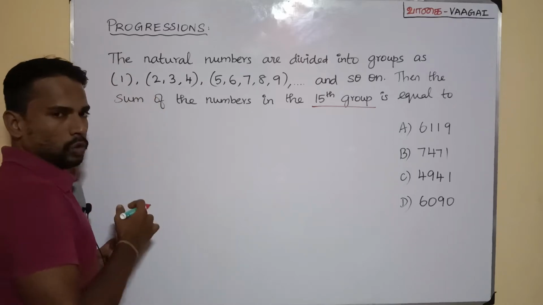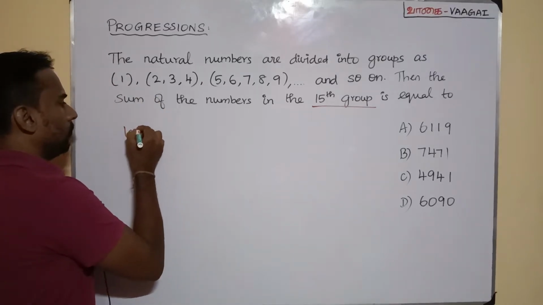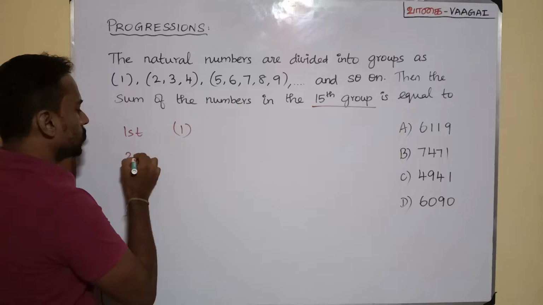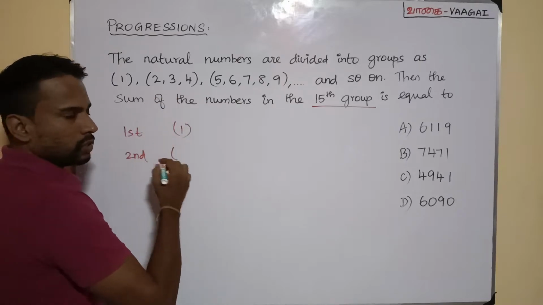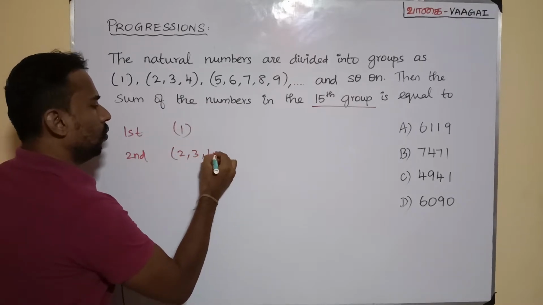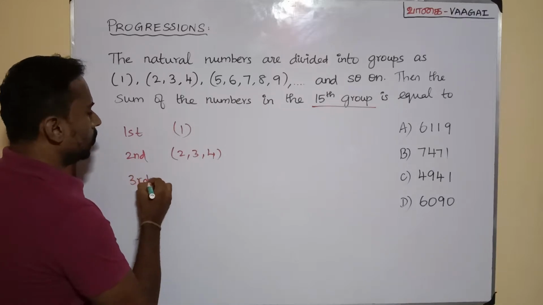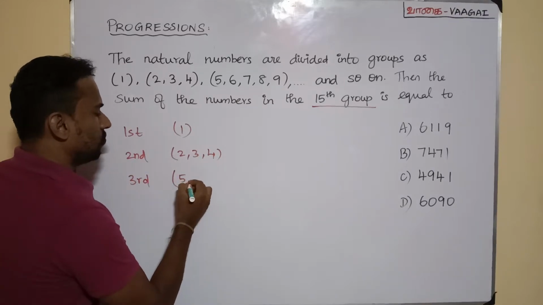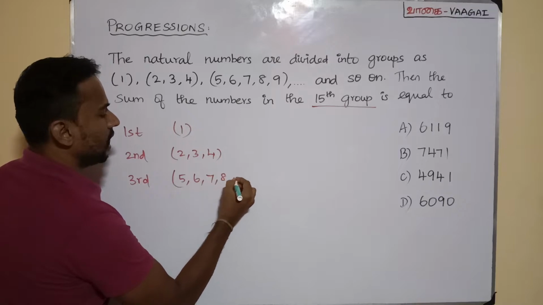The first group is just 1. The second group has 3 numbers: 2, 3 and then 4. The third group has 5 numbers: 5, 6, 7, 8 and then 9.